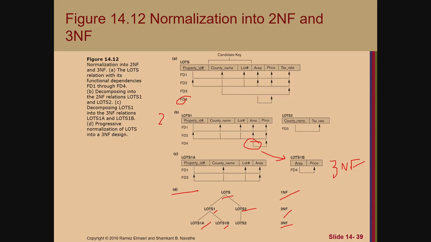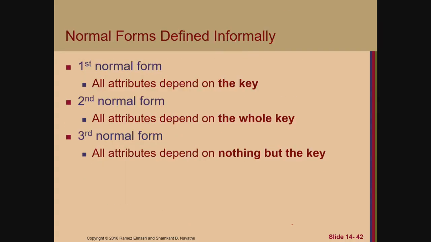So now we can summarize. Very simple. First normal form, all attributes depend on the key. No multi-value, no nest, no composite attribute.